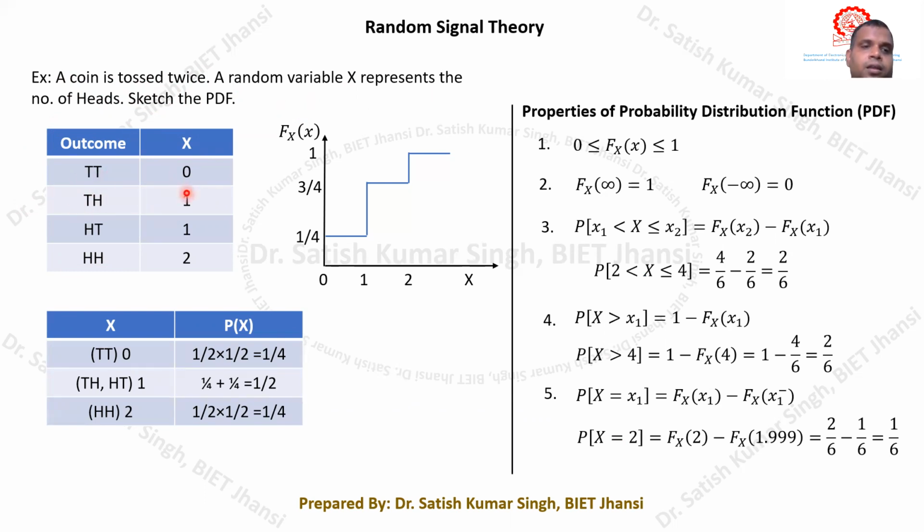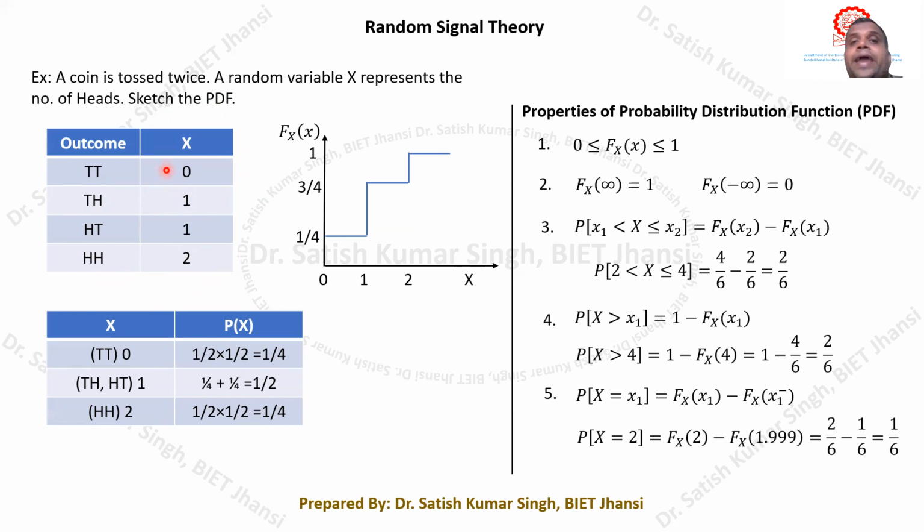One head. Similarly, there can be the possibility that the first time we get head and the second time tail, and again we get one head. There may also be a possibility that both times we get heads, so we have x equals 2. Now, this represents the possible outcomes of our experiment.